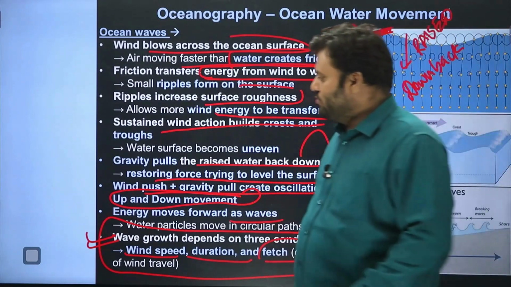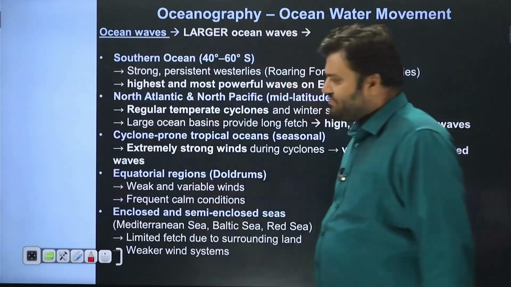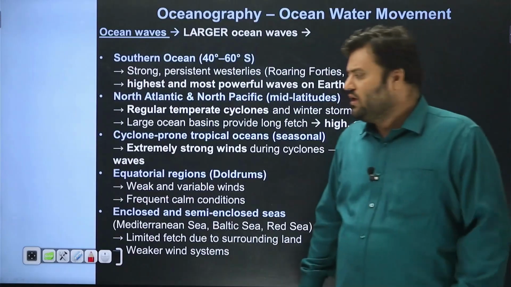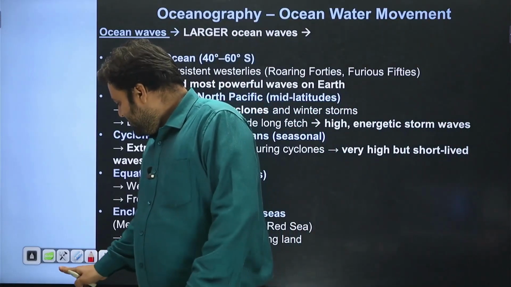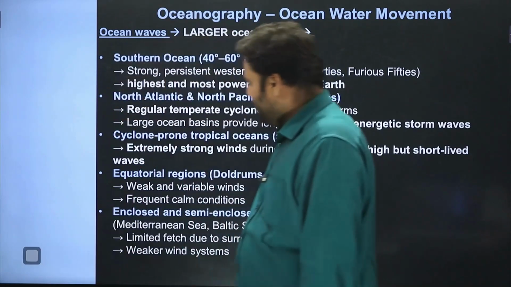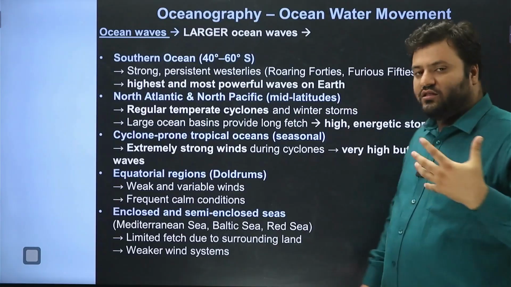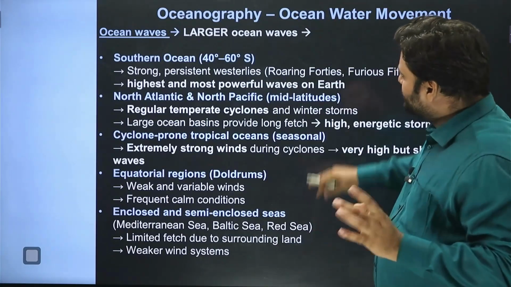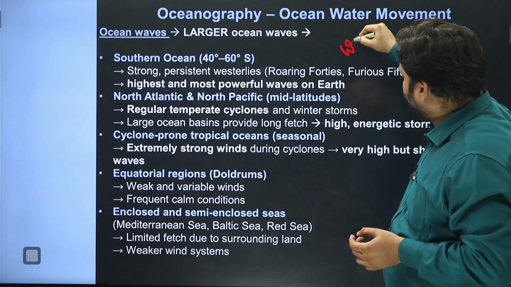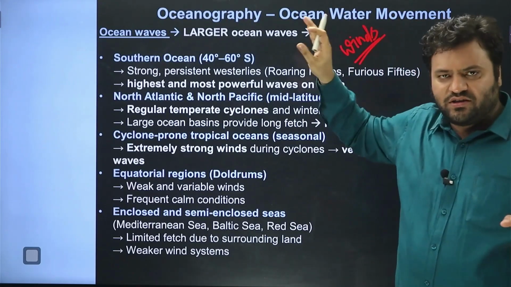And ultimately you will see that ocean waves could be larger, or ocean waves could be lower in specific regions. So throughout the earth, this distribution is based on the pattern of winds, guys. Okay, and I hope we have already covered this wind part.